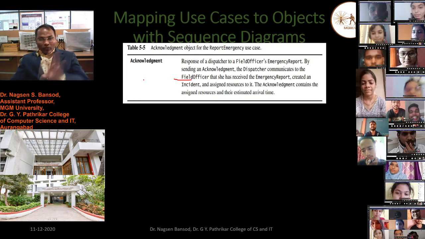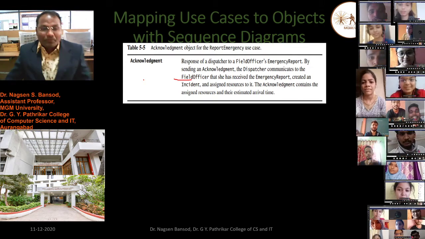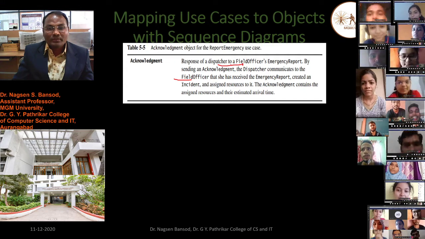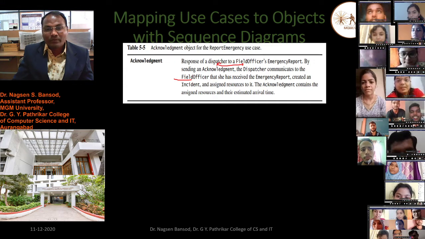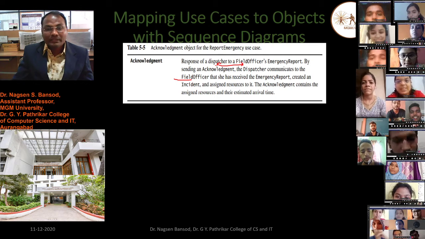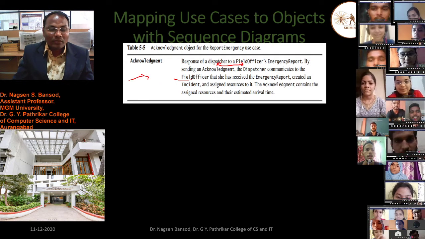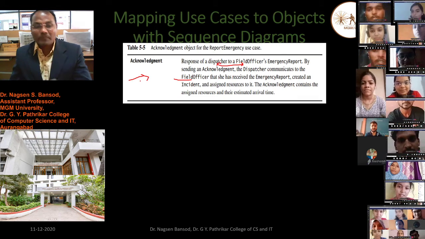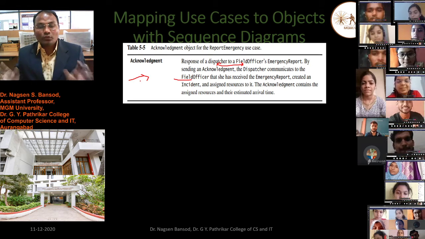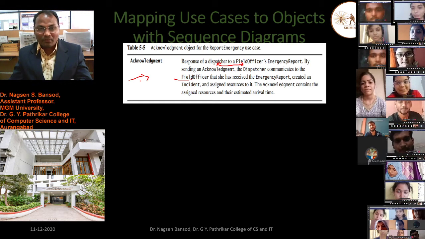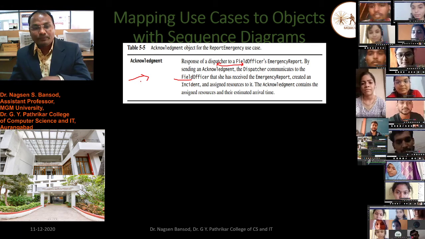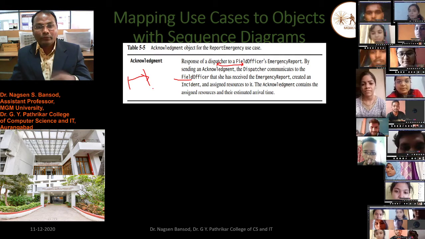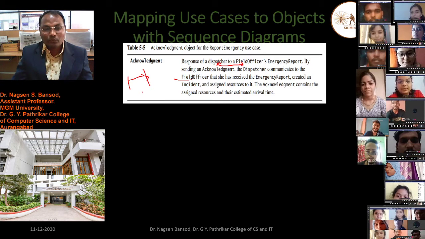What is written in the acknowledgement? Who will provide the acknowledgement? The dispatcher will provide the acknowledgement to the field officer. In that, what is there? The time required to reach the spot where the incident takes place, and how many resources are being sent to help the field officer.